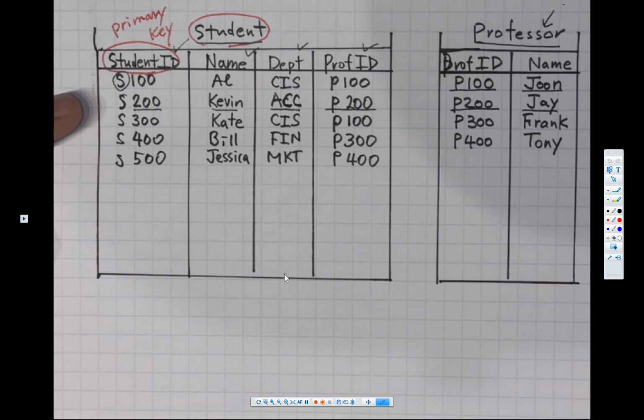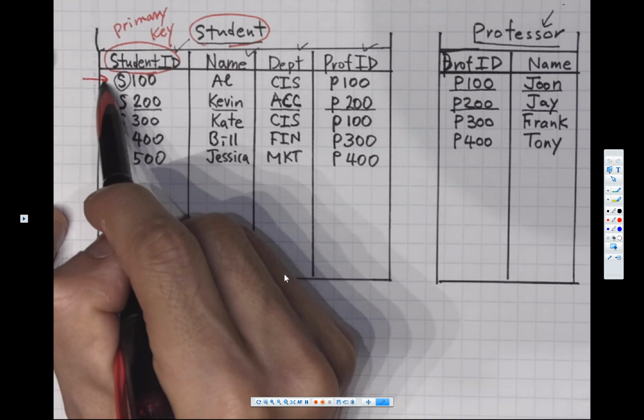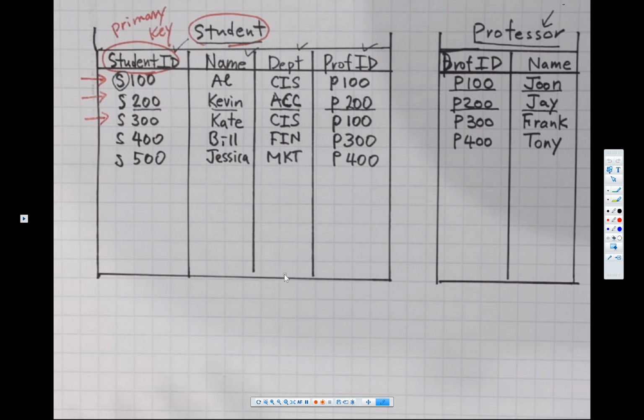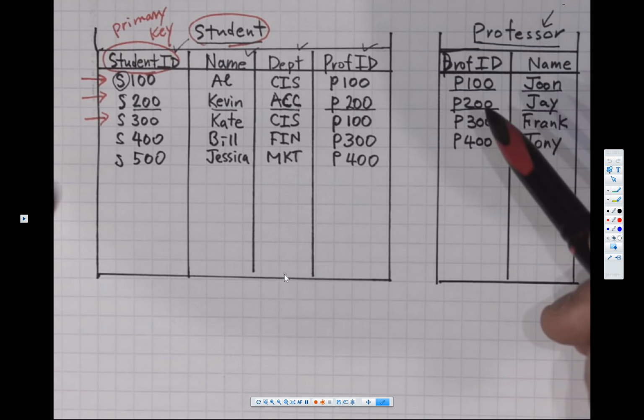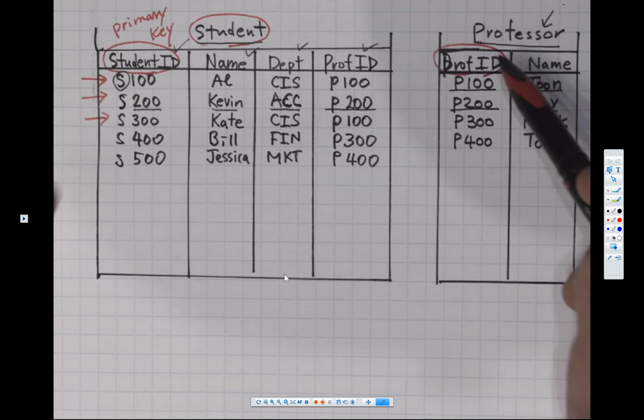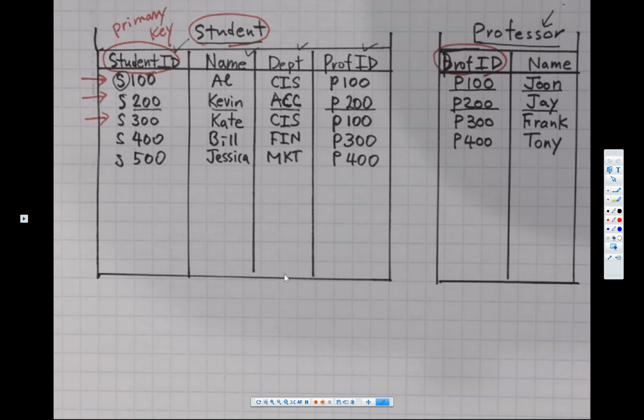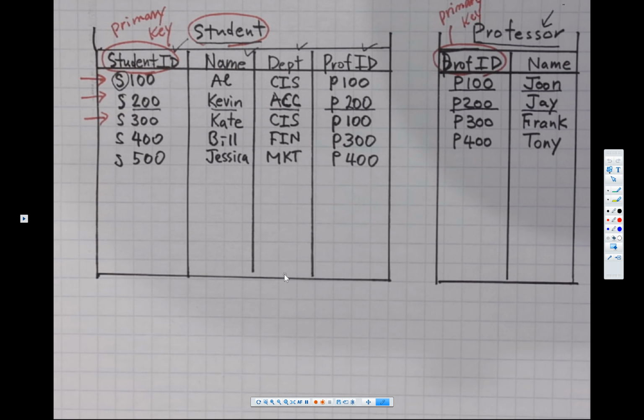Through this primary key, we can uniquely identify each row. Then look at the professor table. The professor ID is obviously the best candidate for the primary key.